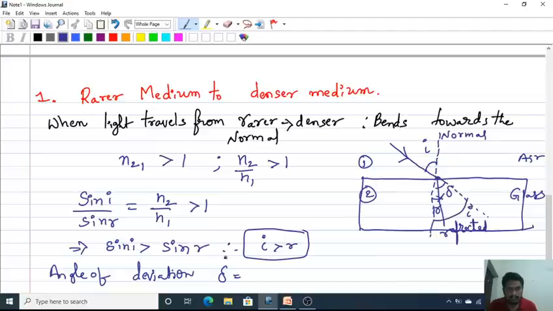That's the total angle. How can you get delta? By removing r from this i. Therefore delta is equal to i minus r. This is the relation for the angle of deviation.